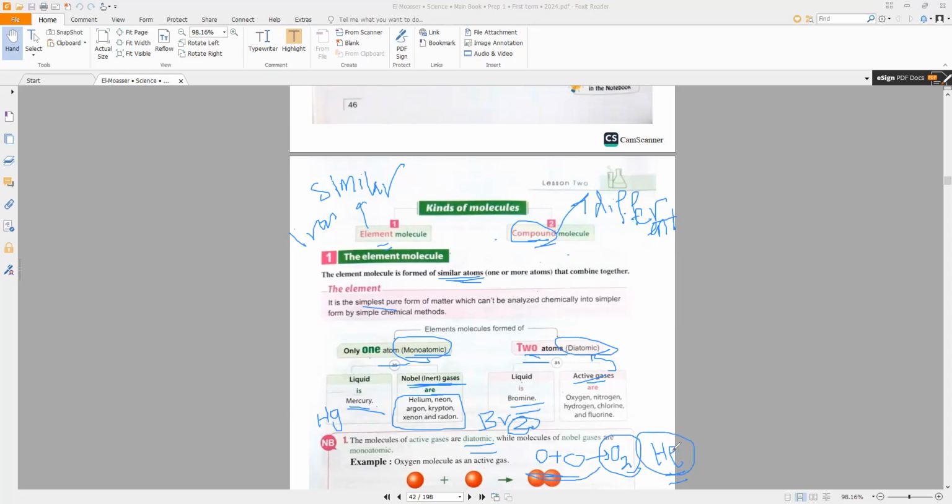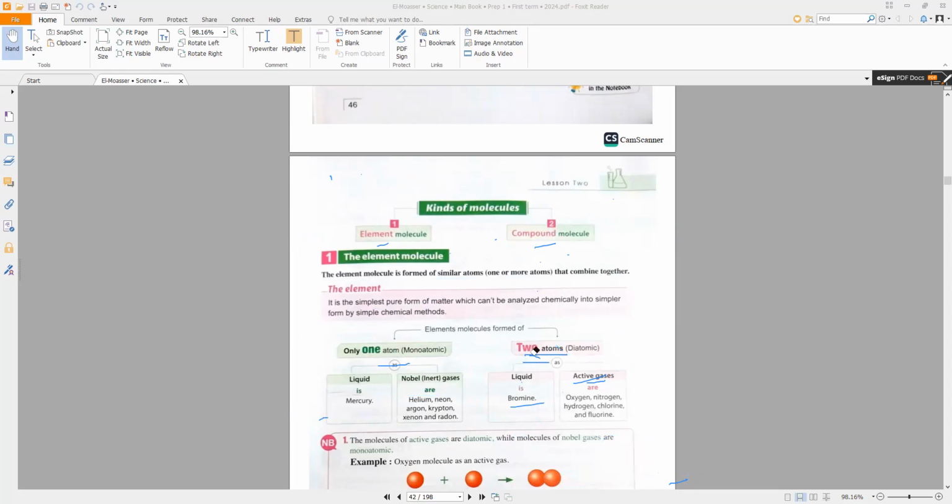Because helium is a noble gas, or inert gas, and consists of one atom, but oxygen, an active gas, consists of two atoms, a diatomic molecule. So this is an oxygen atom with an oxygen atom giving an oxygen molecule.